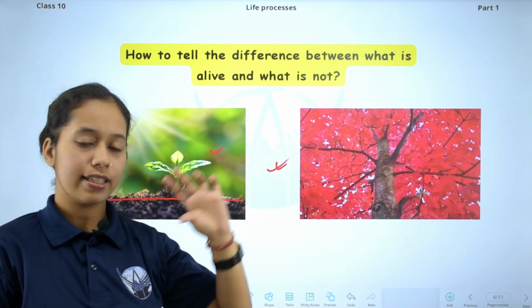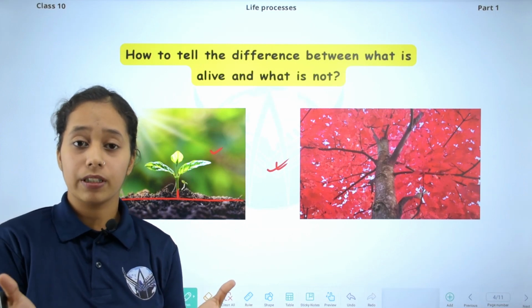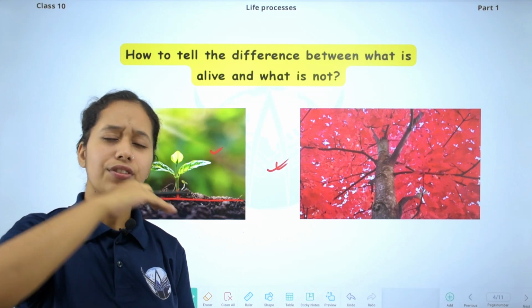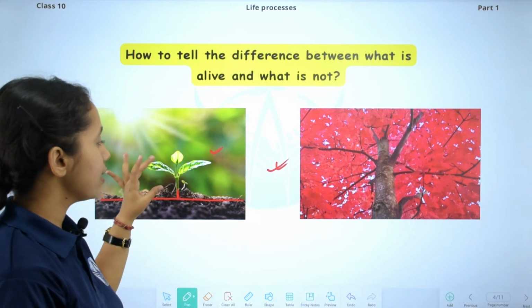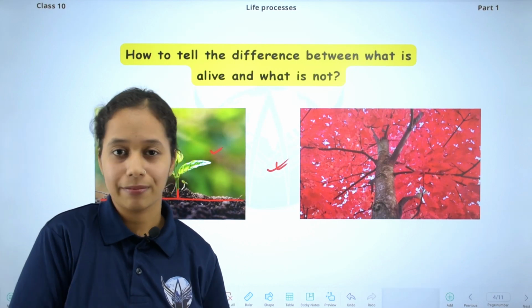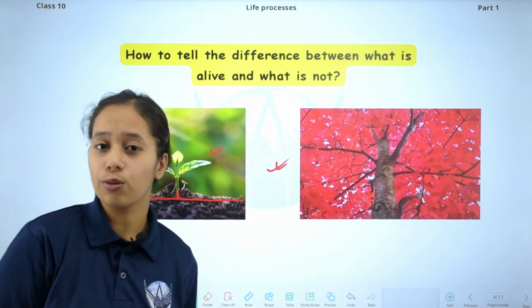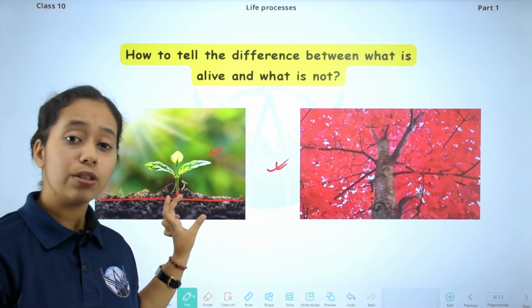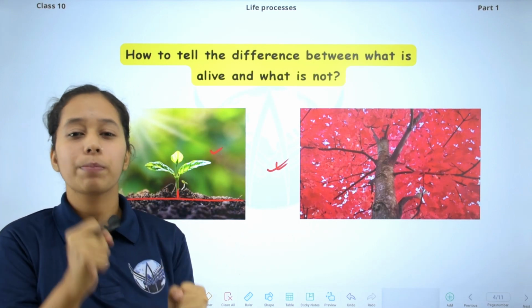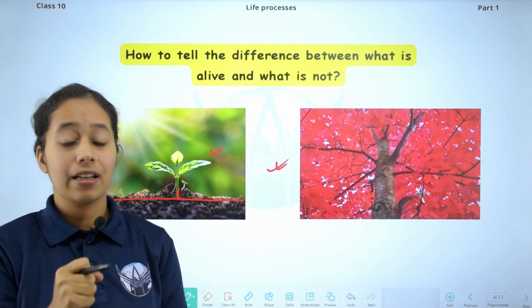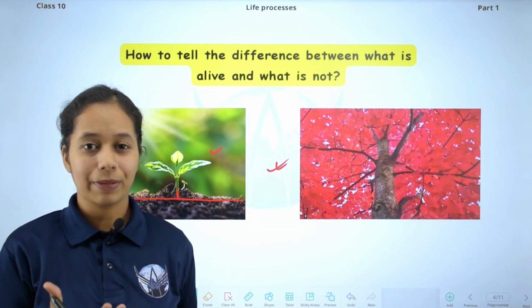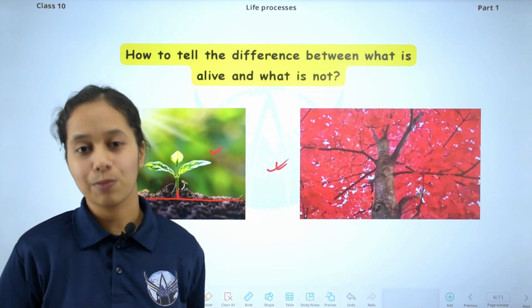The seedling will grow taller, and after many years, it will develop into a big, tall, large tree. Even though it is at one particular position, it still shows some movement. What kind of movement? It shows growth-related movement.